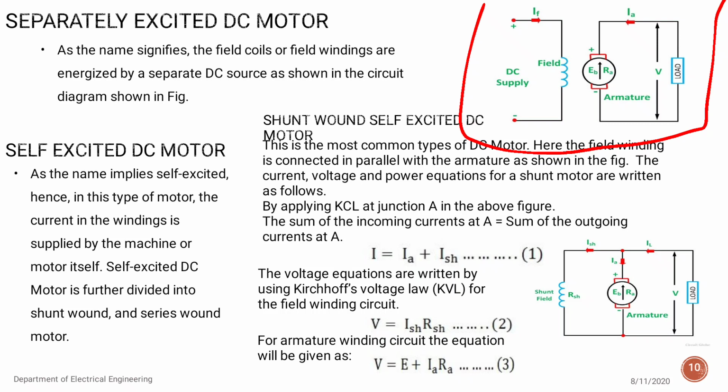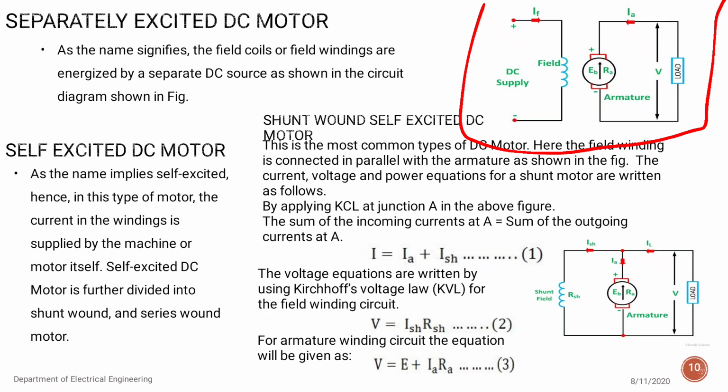Similarly, in the motor the current in the windings provided by the machine excites the field winding of the motor. That's why it is known as a self-excited DC motor. Again, it is divided into three types: series wound, shunt wound, and compound wound.